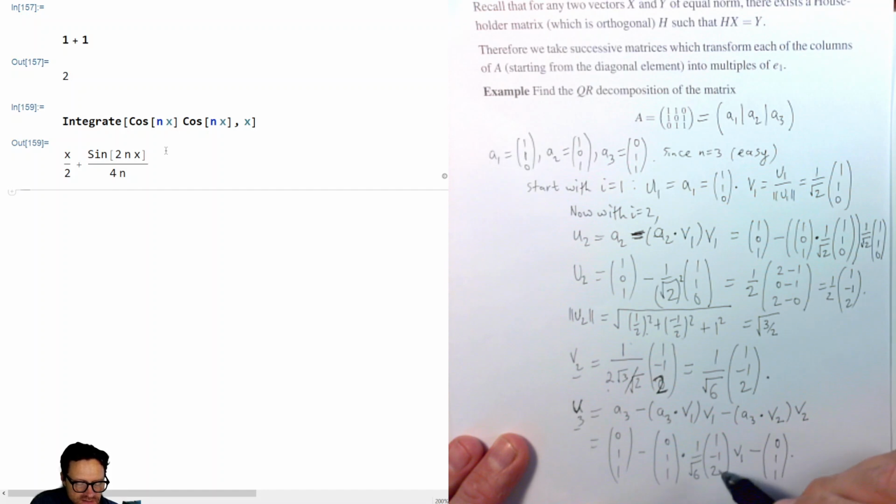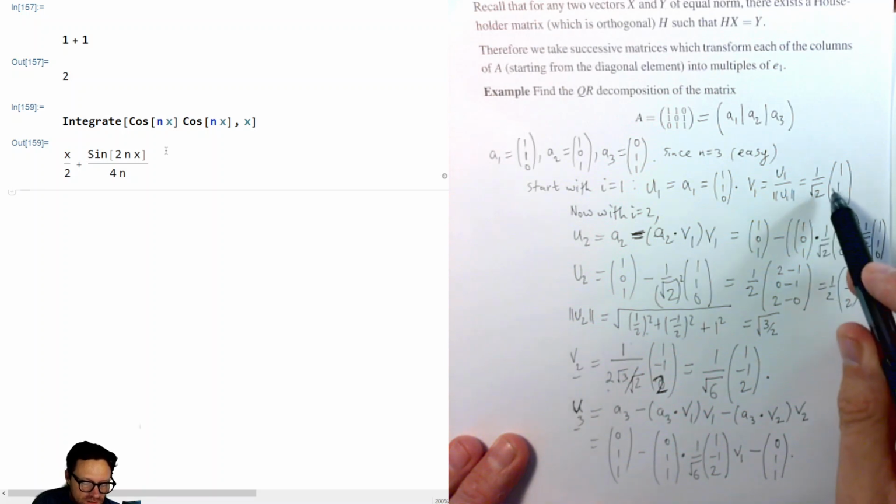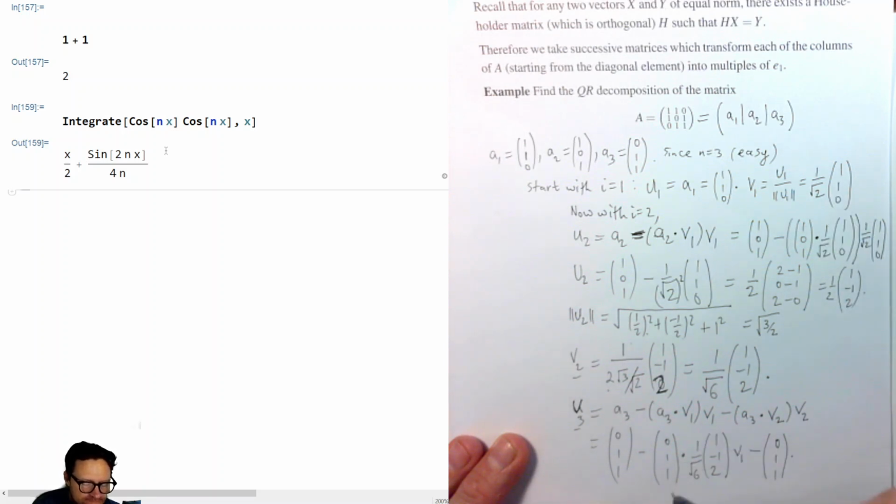Oh no, that's V2 there. Okay, so I've got to change this because V1 is what I need there. Yeah, V1. So 1 plus 1 and 0. And this down here should be 1 on root 2.